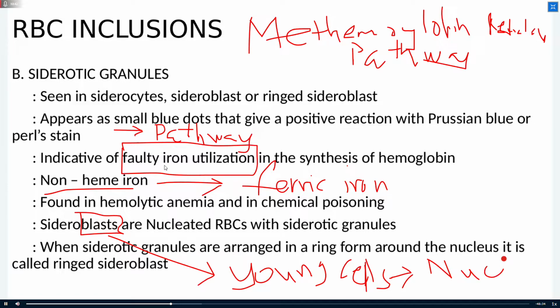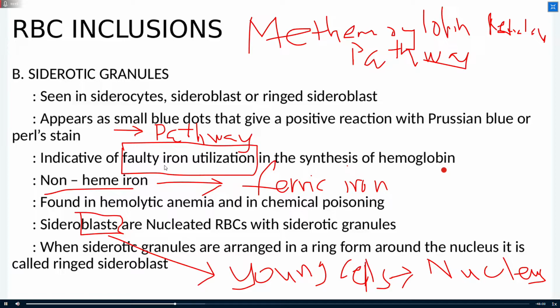Very good. So, sabi dito, class, when your siderotic granules are found in your blast cells, they would now become sideroblasts. Now, when siderotic granules are arranged in a ring form around the nucleus, it would now be called ring sideroblasts. Ulitin ko, class, siderotic granules, when found in your RBC, the RBC becomes siderocytes.